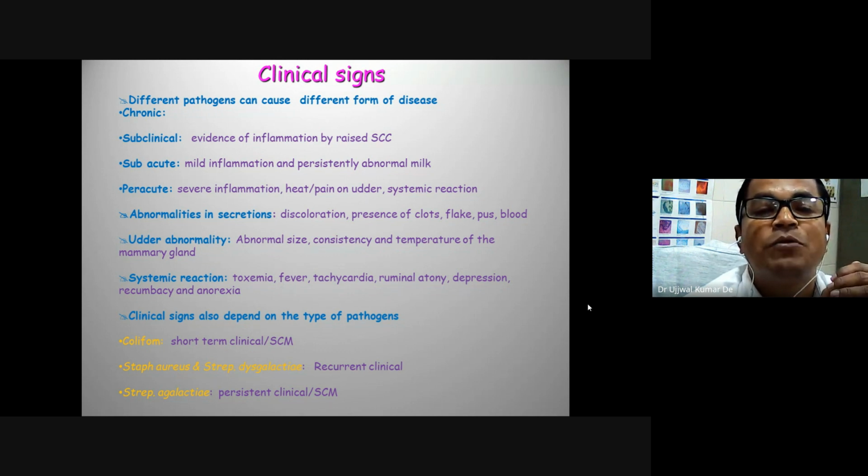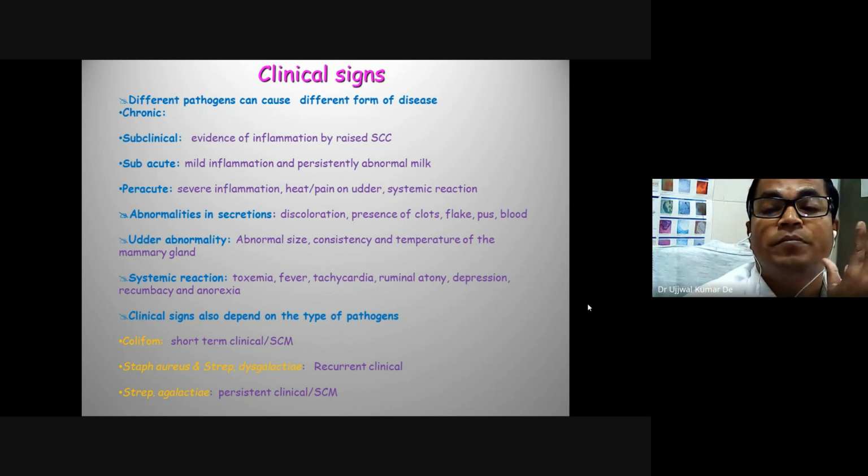In peracute or acute mastitis, if you palpate the udder, you feel it is hot. Then systemic reaction, as I have already told: fever, toxemia, ruminal atony, depression of the animal, tachycardia, recumbency, anorexia.